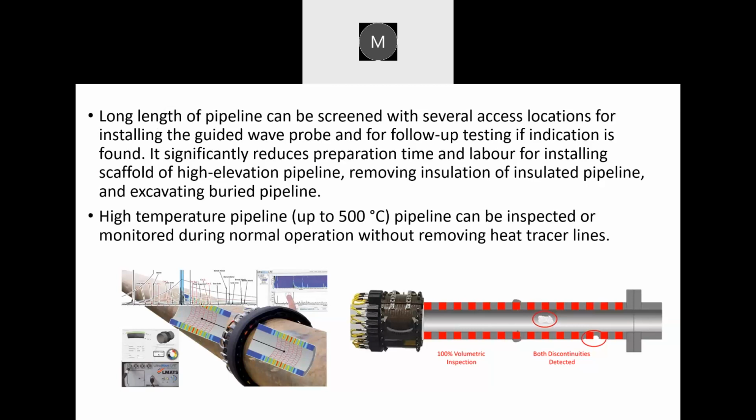Significantly, it reduces preparation time and labor, such as scaffolding of high elevation pipelines, removing insulation of insulated pipelines, and excavating buried pipelines. The last is high temperature pipeline. It is up to 500 degrees Celsius. These pipelines can be inspected or monitored during normal operation without removing heat tracer lines.